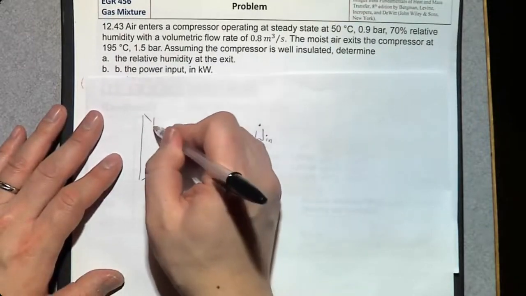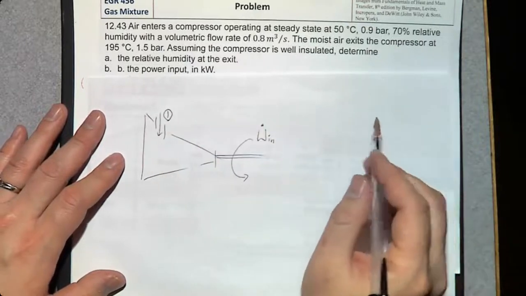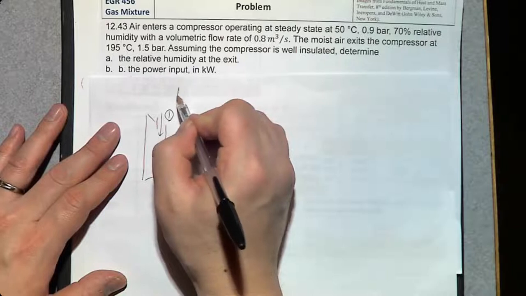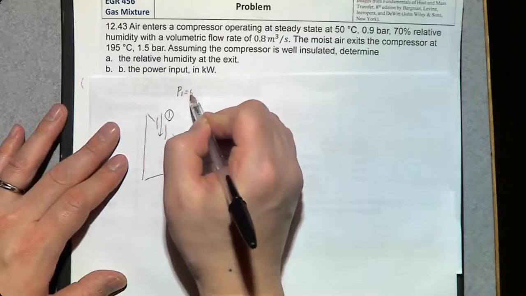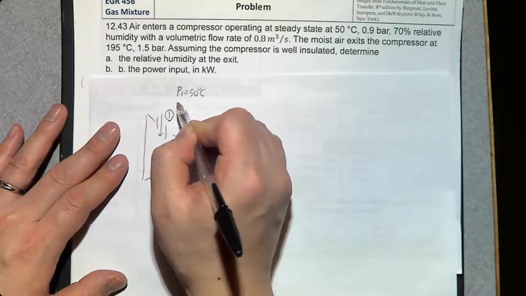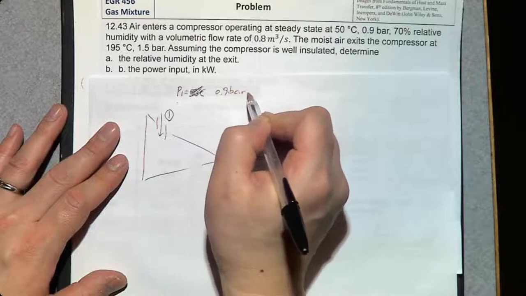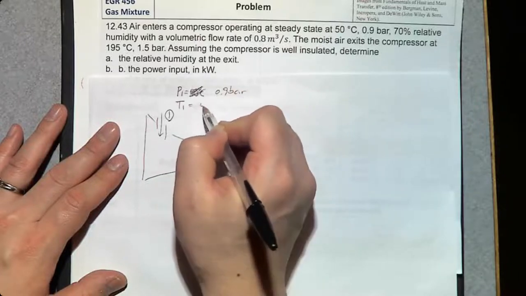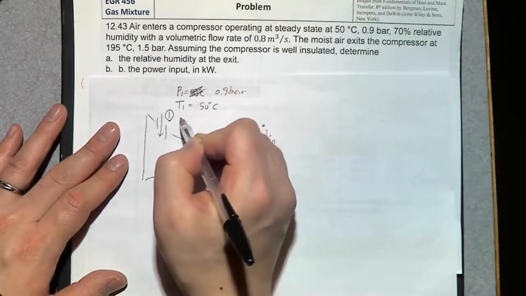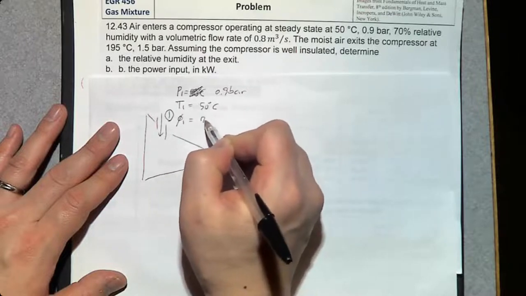So this is the inlet, let's say number 1, and at number 1, pressure P1 is 0.9 bar. Temperature T1 is 50 degrees Celsius, and phi 1, which is the relative humidity, 70%.